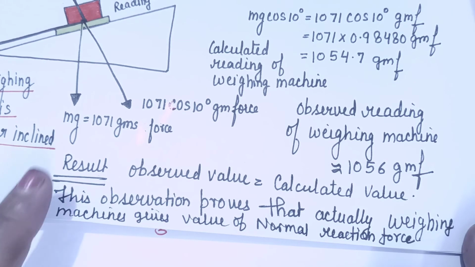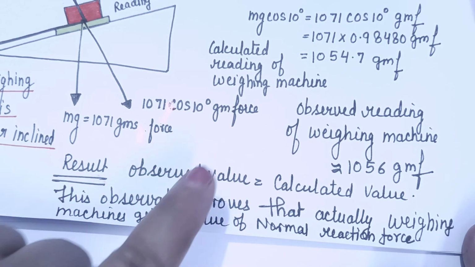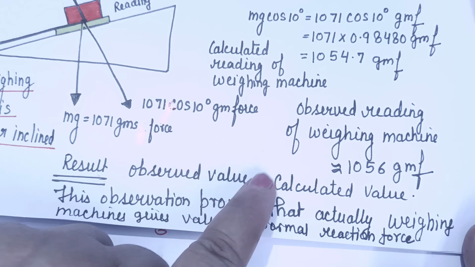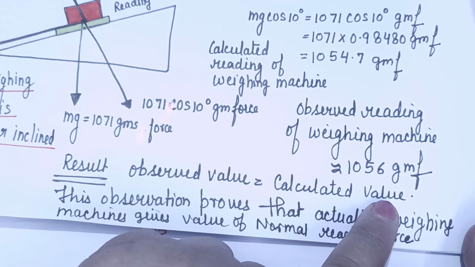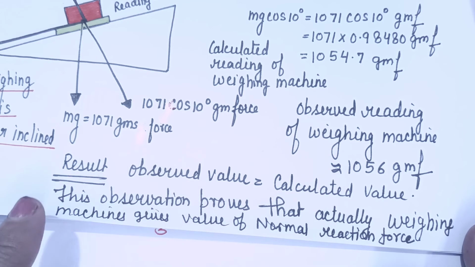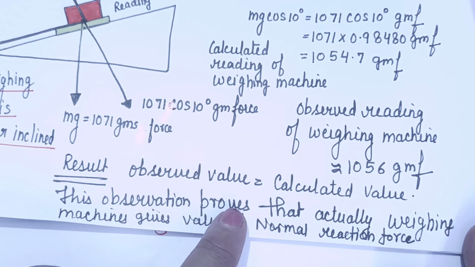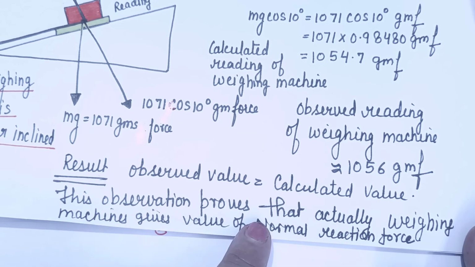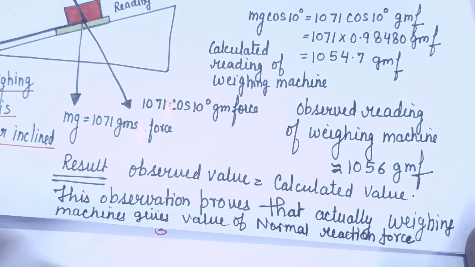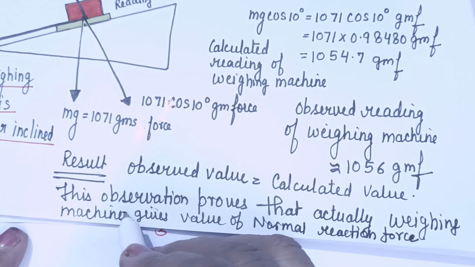Our result will be that the observed value is approximately equal to the calculated value within the permissible error limit of 10%. So this observation proves that the weighing machine actually gives the value of the normal reaction force, not the gravitational force, right?